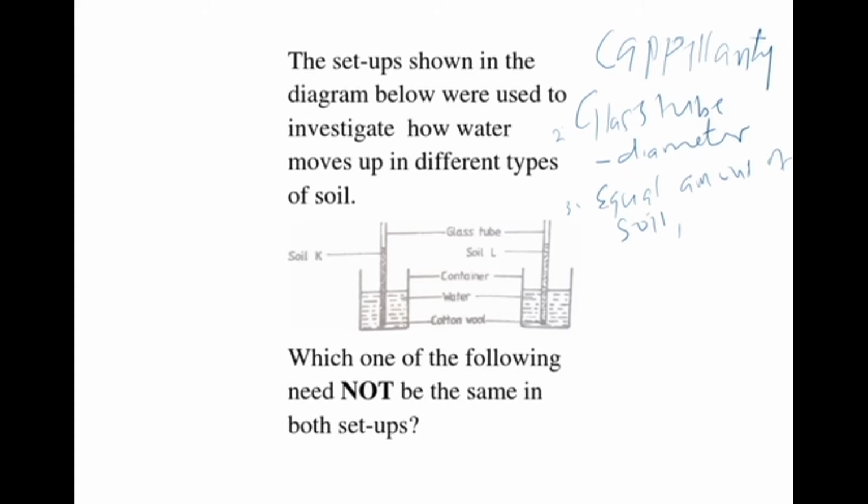Therefore, there should be clay, sand, and loam, but they should be of equal amount. Three, the size of the cotton wool. The size of the cotton wool that is used at the base should be the same. Four, time allowed. Time allowed for the experiment should be the same. So if you leave it for 5 minutes, every setup should be 5 minutes.